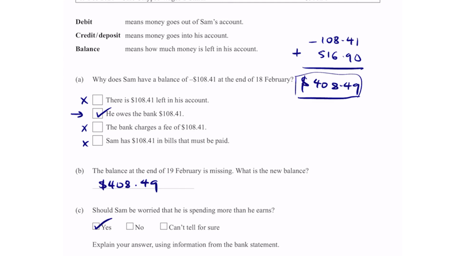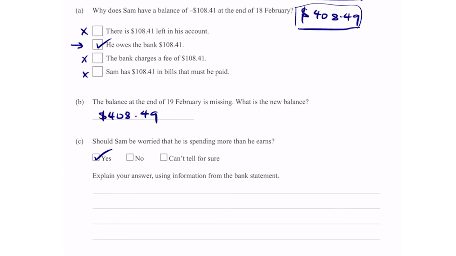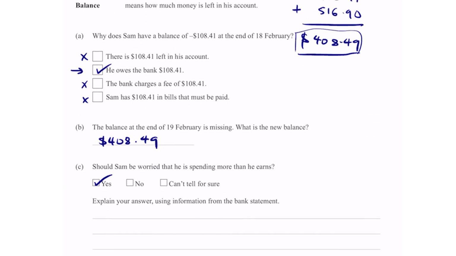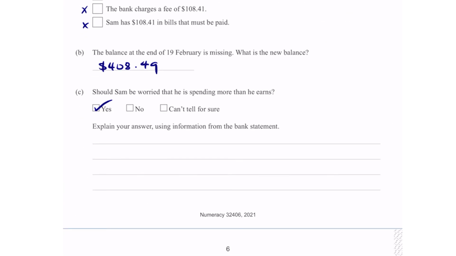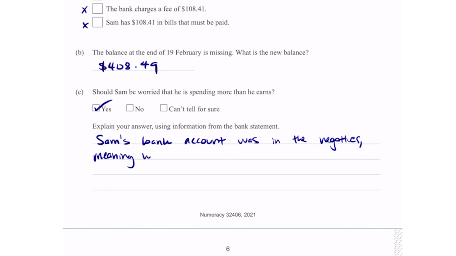Should Sam be worried that he is spending more than he earns? I believe the answer should be yes. If you're spending more than you earn, you should definitely think about what you're doing. Explain your answer using information from the bank statement. I don't really know what they're looking for here. Sam's bank account was in the negatives, meaning he owed the bank money, right?